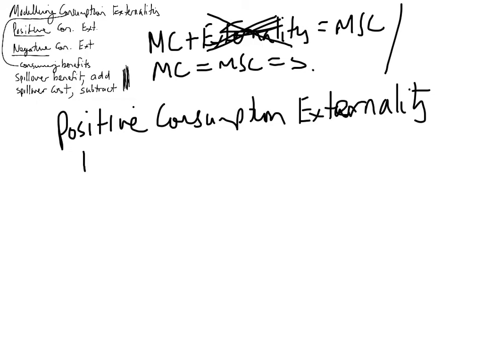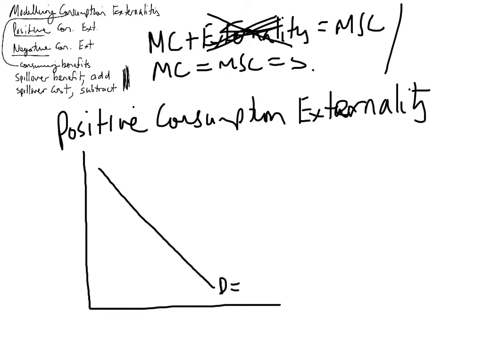Alright, so here we go. Demand equals marginal benefit. Alright, well, let's work it out. Marginal benefit plus a spillover benefit. Well, there's an alternative name for this, isn't it?